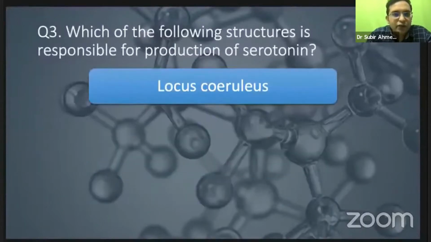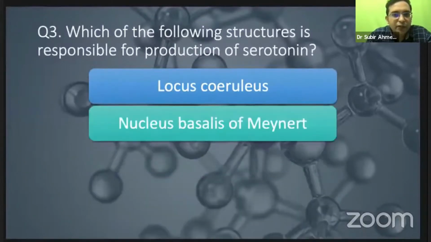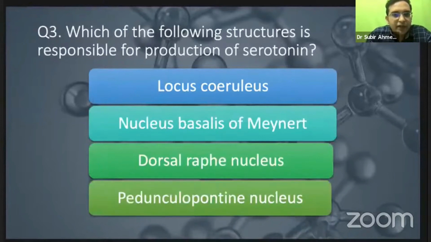Which of the following structures is responsible for the production of serotonin? All these degenerative diseases result in degeneration of certain structures, and these structures result in a decrease of certain neurotransmitters. So the answer is dorsal raphe nucleus. If it gets destroyed, there will be a decrease in serotonin.